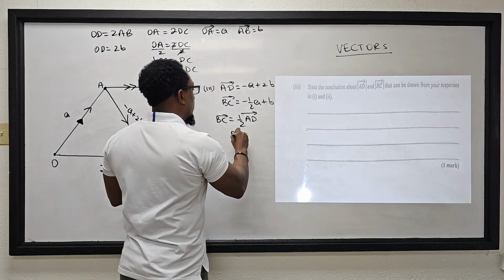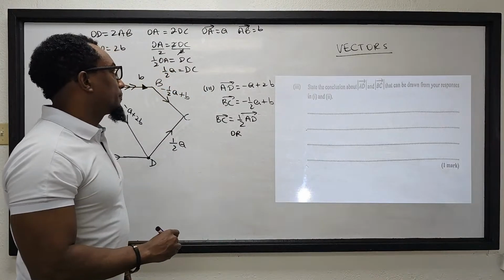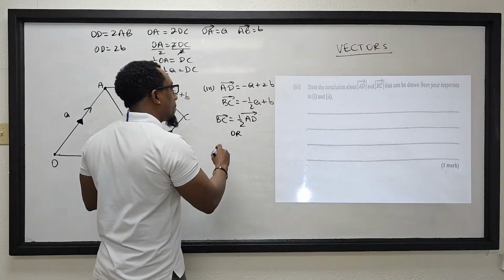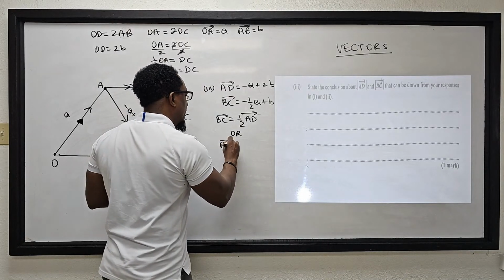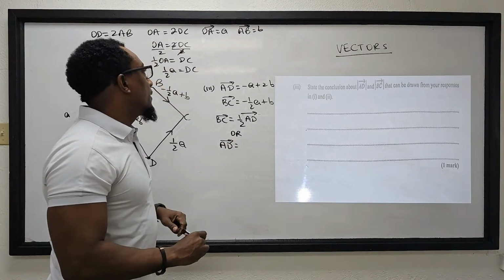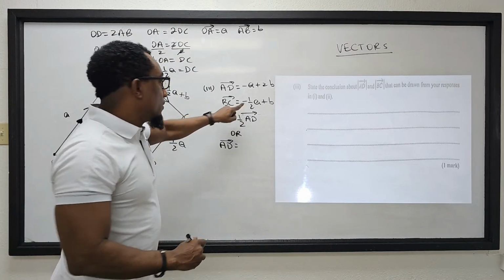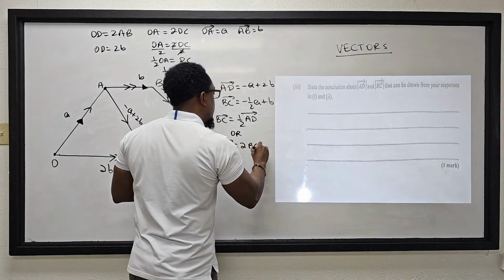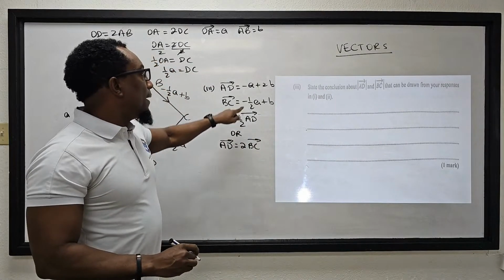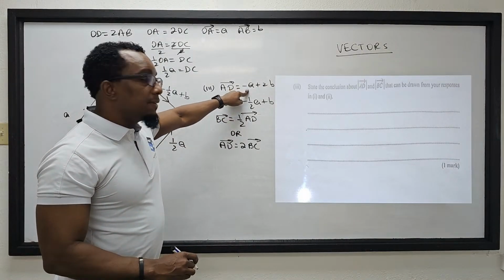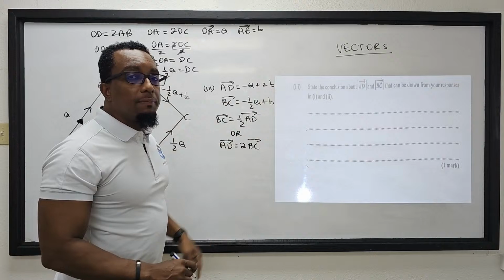Or you can say vector AD is 2 times vector BC. If you multiply BC by 2, 2 times negative a half a gives you negative a, and 2 times b gives you 2b.